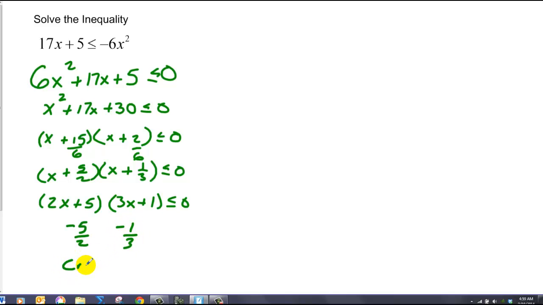And these are critical numbers. Basically, they're x-intercepts. So again, I would take a look at a graph, plot negative 1/3, which is somewhere around here, plot negative 5/2, which is somewhere around here, and draw my graph.